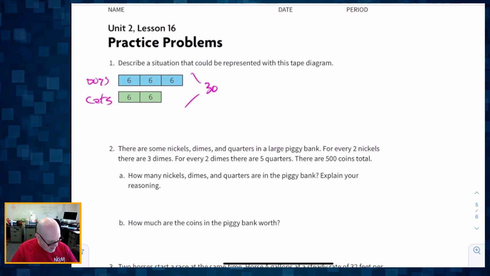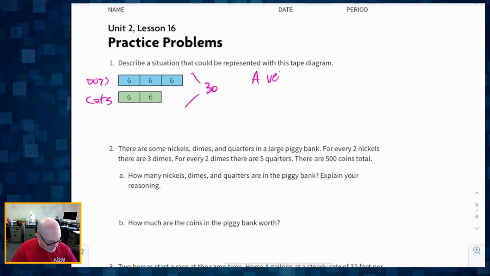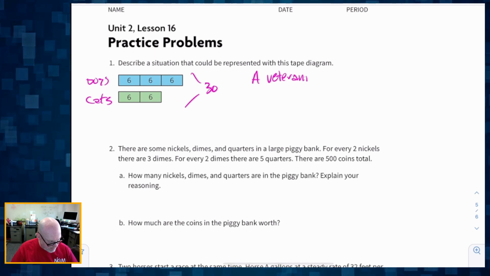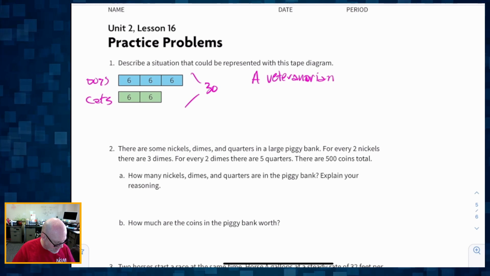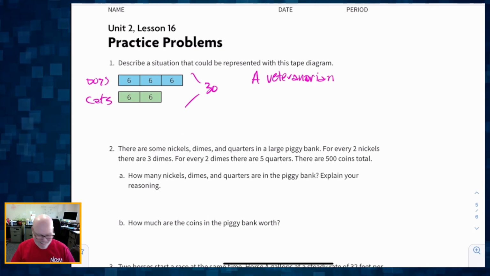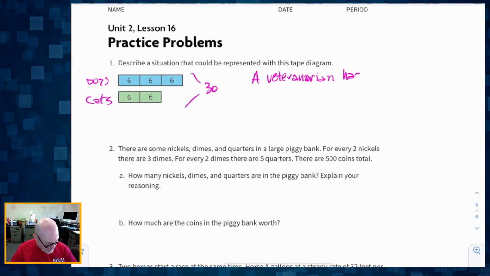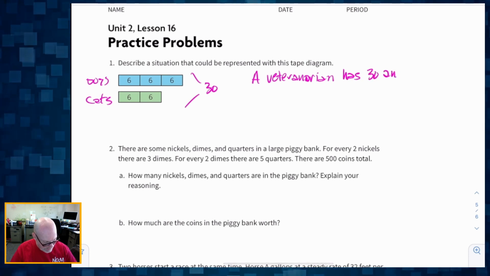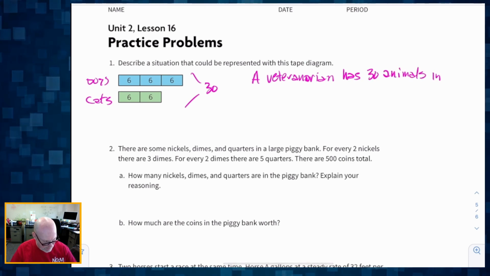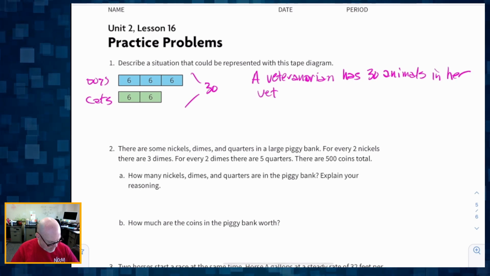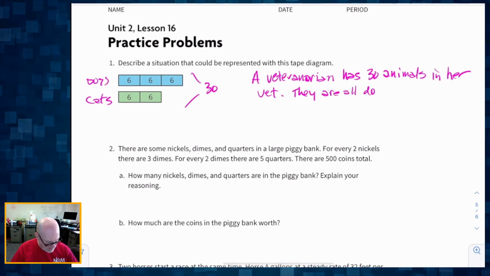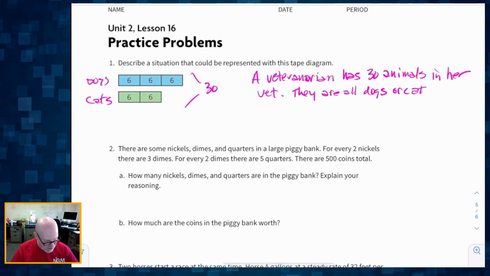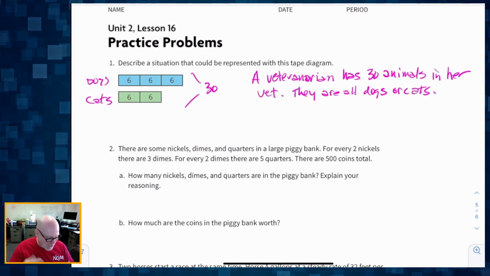So we could say a veterinarian, yeah, sure, has 30 animals in her vet. They are all dogs or cats. So she has no llamas or anything or chickens or something.